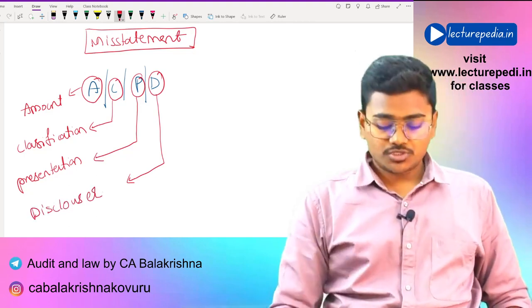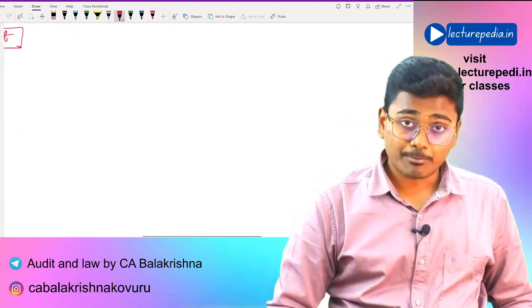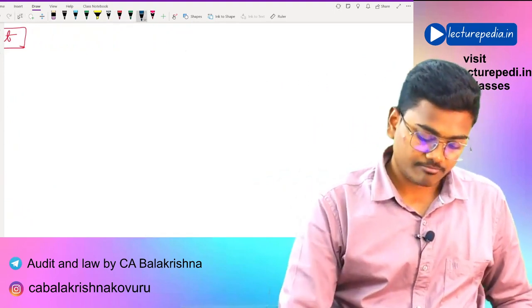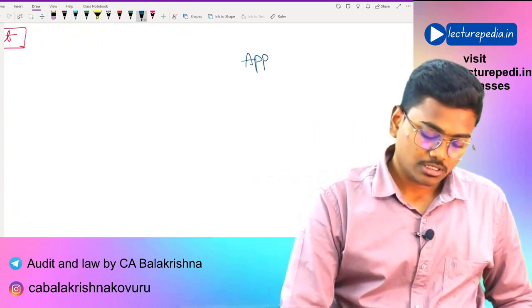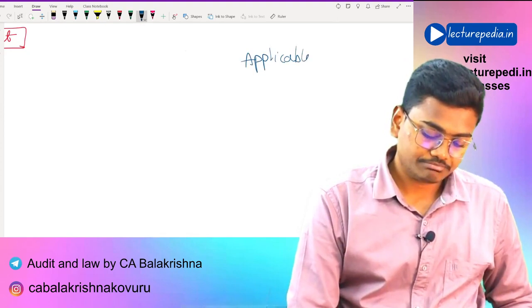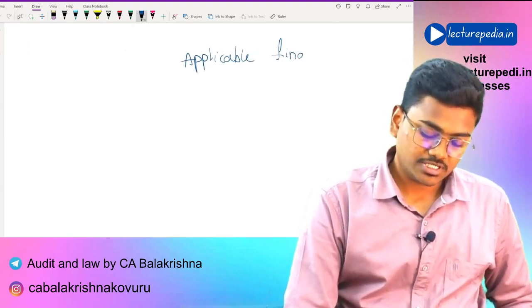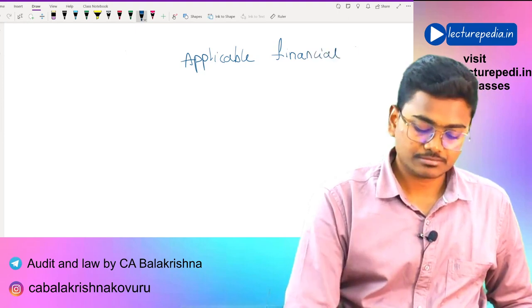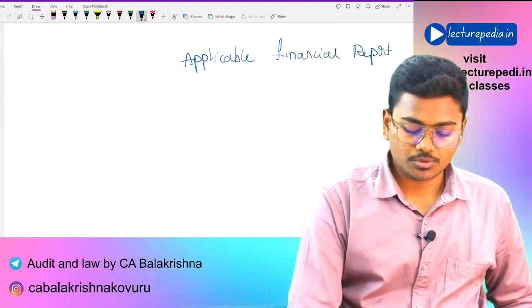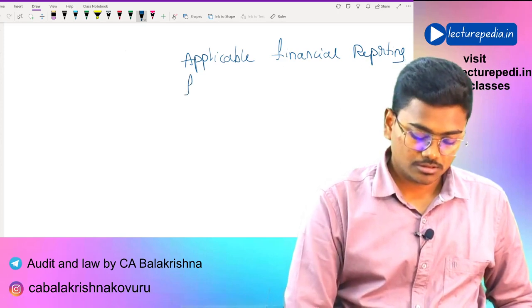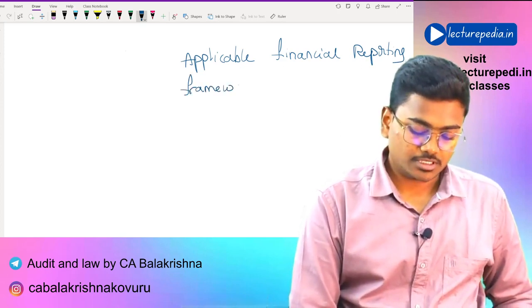Now, if you see, there will be an applicable financial reporting framework. What is this applicable financial reporting framework?